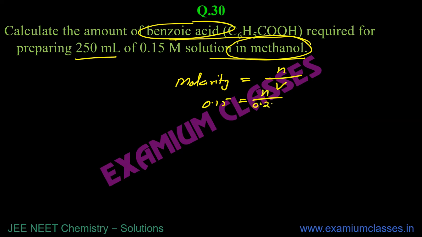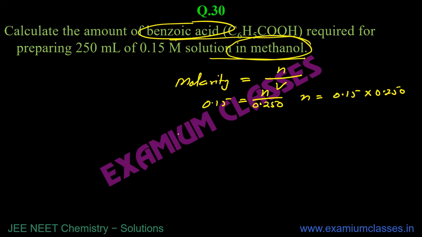Volume is 0.250; I have converted this into liters. So n will be 0.15 into 0.250. Otherwise, you can directly multiply these two. Here also, we are multiplying these two to get the number of moles.